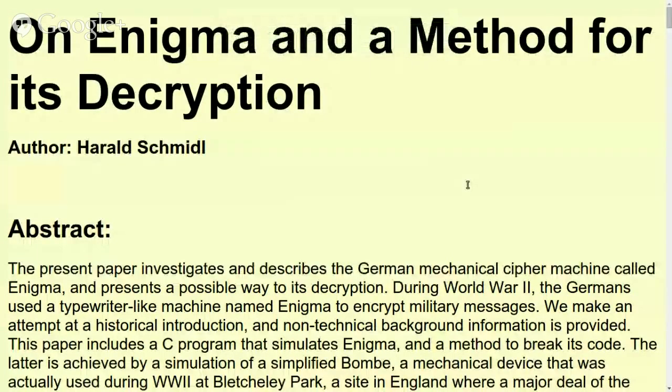What I've learned from this article is that the Enigma machine relies on two cipher encryption principles or schemes. The first one is that it uses a polyalphabetic scheme to change its encryption with each letter.